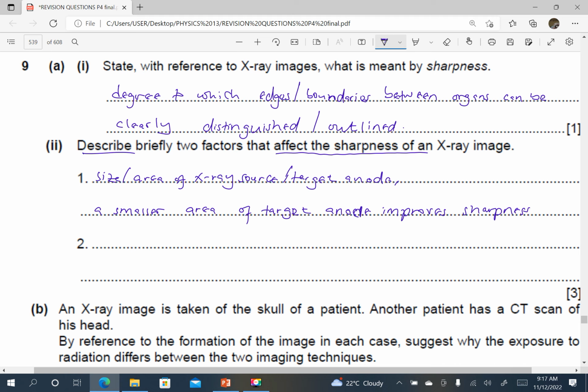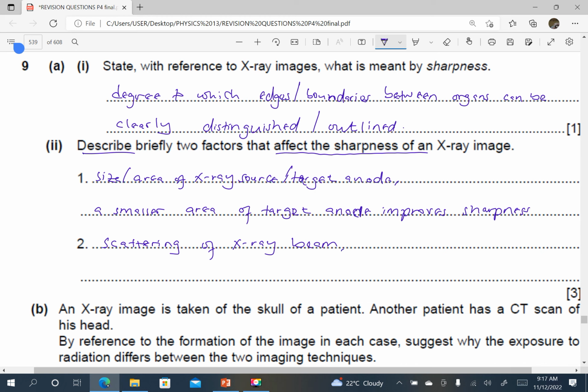sharpness can also be affected by scattering of the X-ray beam. Scattering of the X-ray beam also affects sharpness.